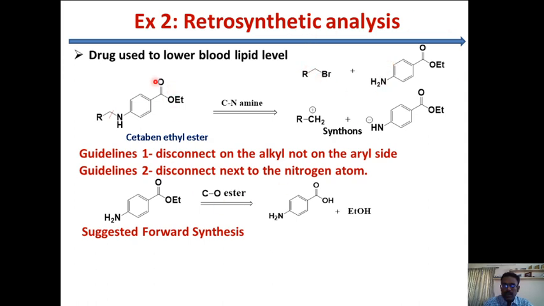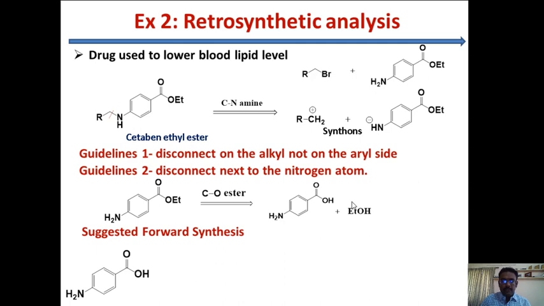Again we do the retrosynthetic disconnection on the right side of the molecule, where you have a simple ester that you can derive from the corresponding acid. Now you combine the synthons you got from this retrosynthetic analysis, and then you write the forward reactions.